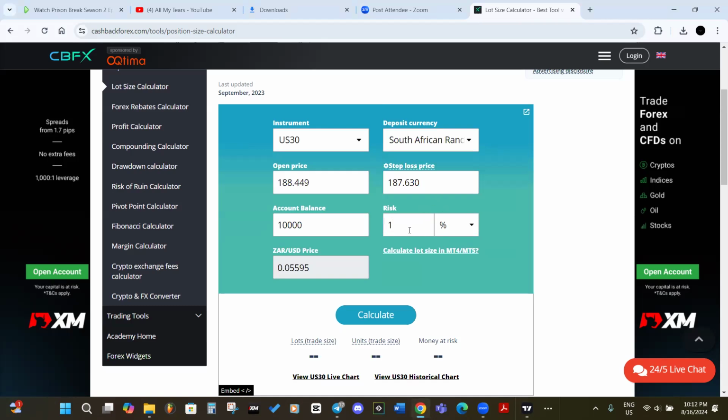Then this will be based on your risk tolerance. Some people are fine with losing 2% per trade, some all the way to 5%. So this will be based on the type of trader you are. But if you are someone who's new, I recommend playing between 1 to 5%. Let's say you are risking 1% based on your 10K account.